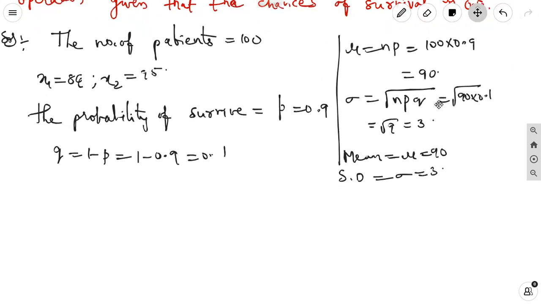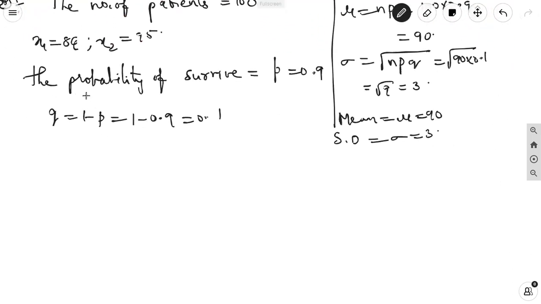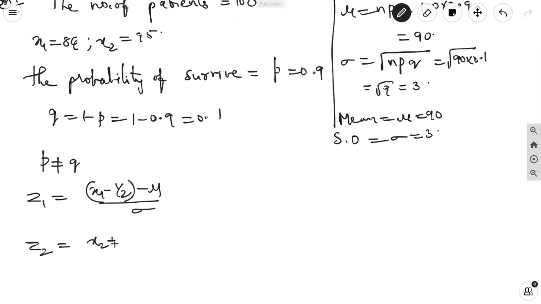Next, in this the limits they have given are x1 and x2. Here p is not equal to q. So in that case we can calculate z1 is equal to (x1 minus 1/2 minus mu) by sigma, and z2 is equal to (x2 plus 1/2 minus mu) by sigma.